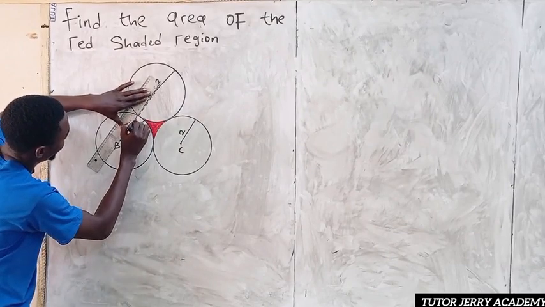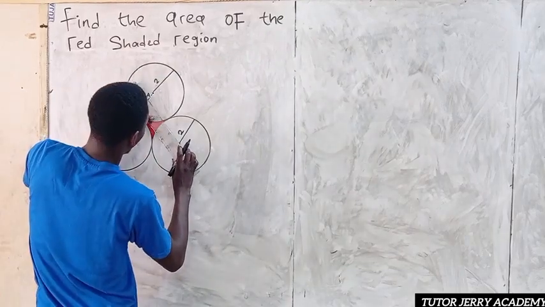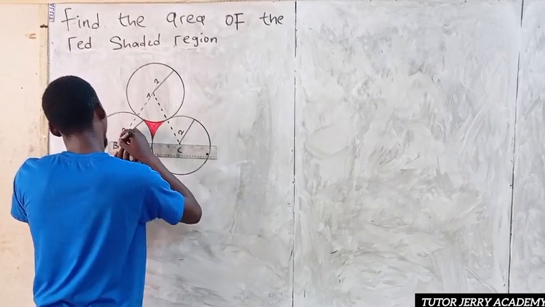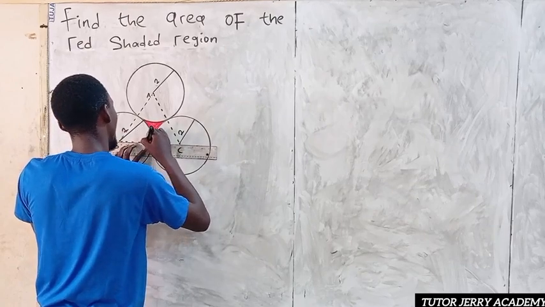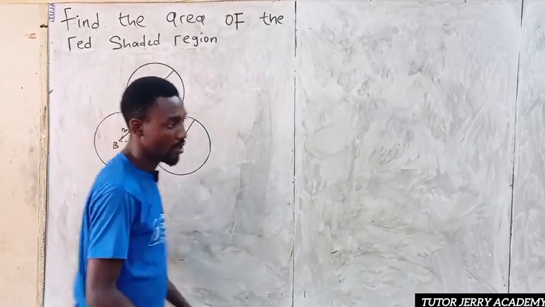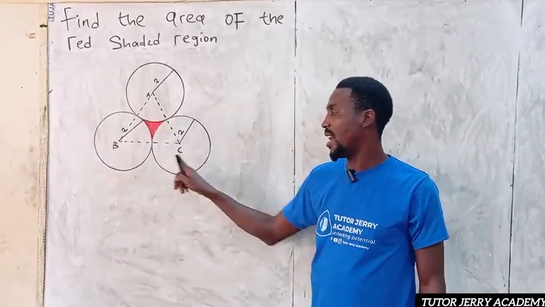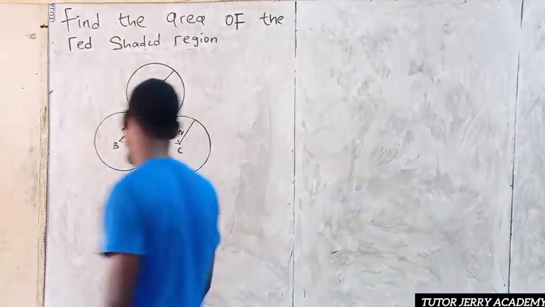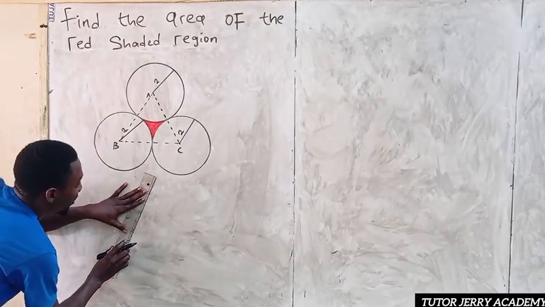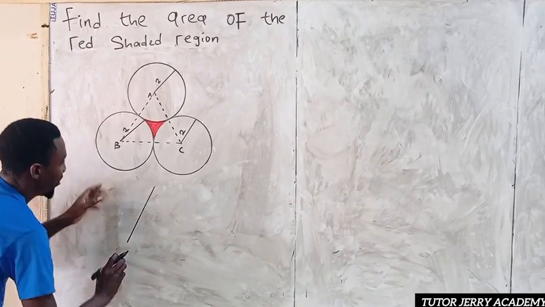All right. So we join this part with this part. We join this part with this part. All right. So we have triangle A, B, and C. So let's bring out this triangle. If we decide to bring out this triangle, we are going to have our triangle in this form.